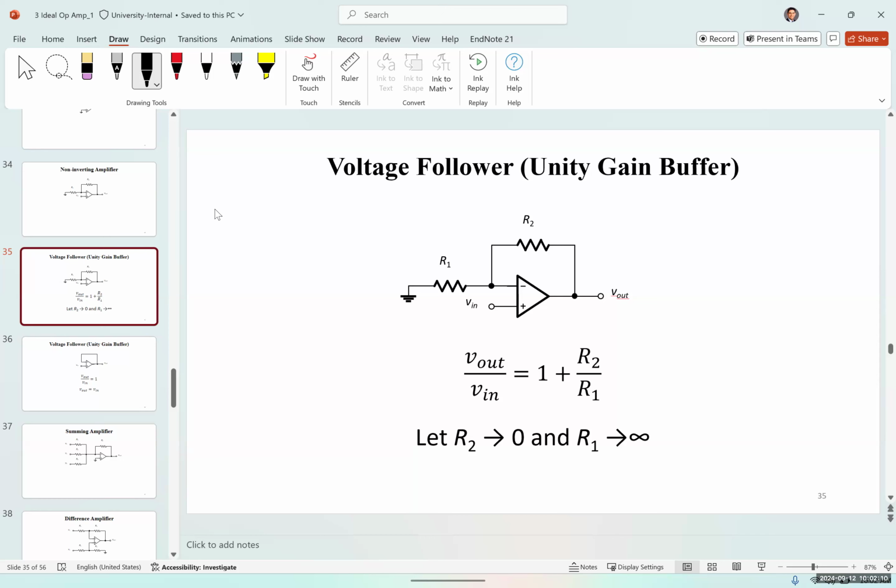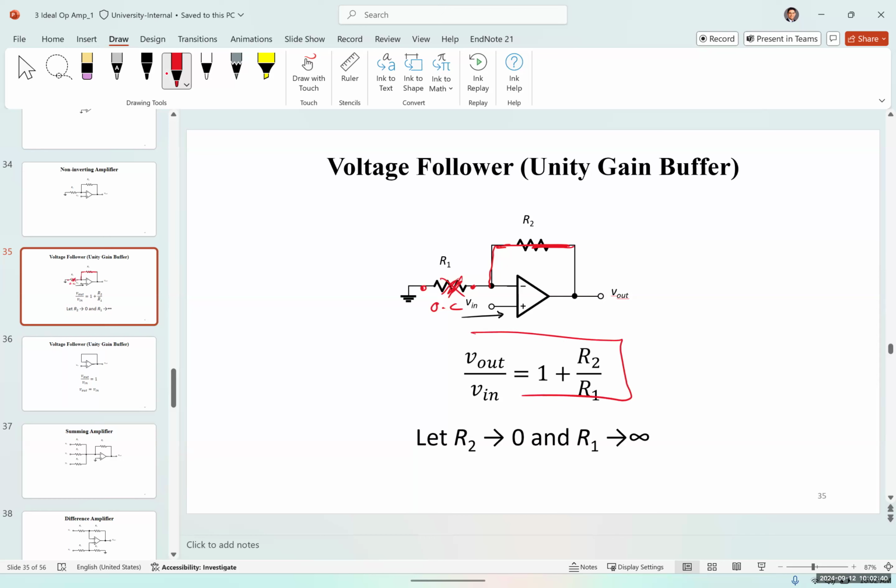It's a non-inverting amplifier, because here, as you can see, the input is given to the positive input or the non-inverting input. Imagine that we reduce R2 to 0, or simply replace it with a short circuit, and R1 with infinity, or in other words, replace it with an open circuit, okay?